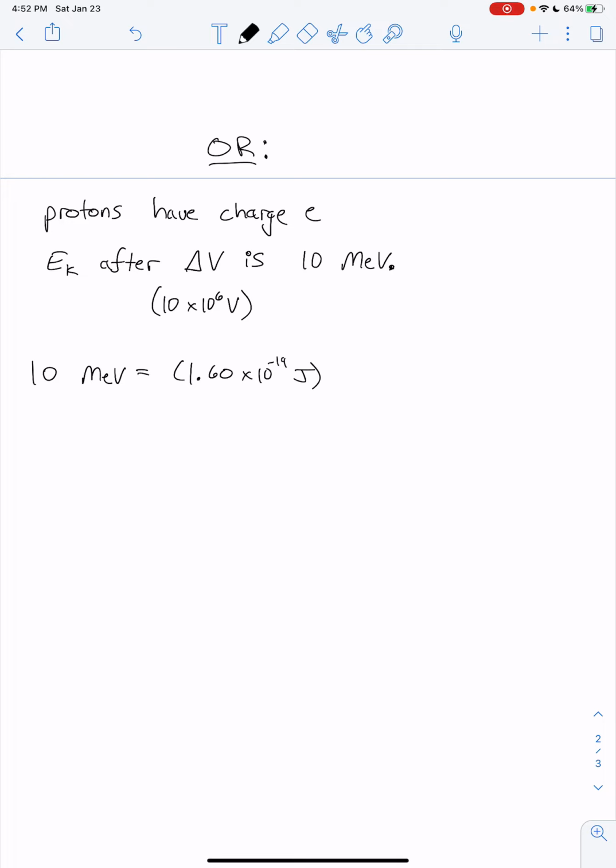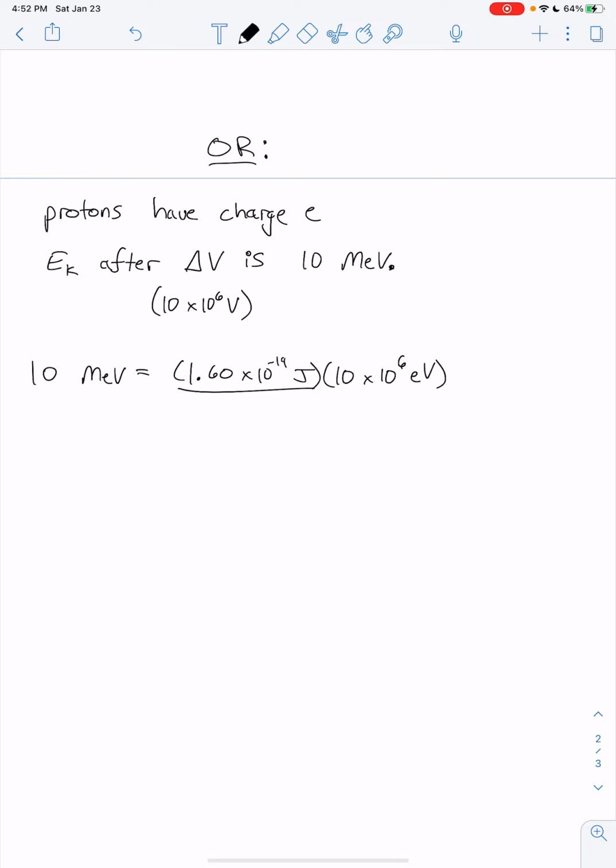right? So that's our amount of energy in 1 eV. And then the M part gives us this 10. So it's how many? So it's going to be 10 times 10 to the 6 electron volts. So here's our 10 MeV, and here's our charge.